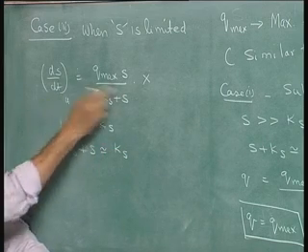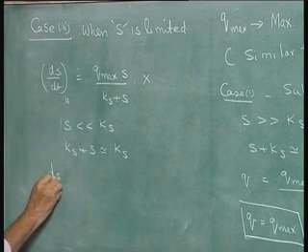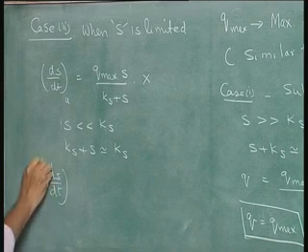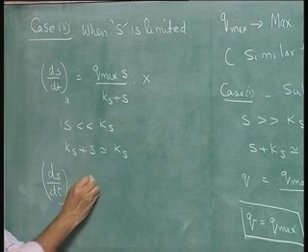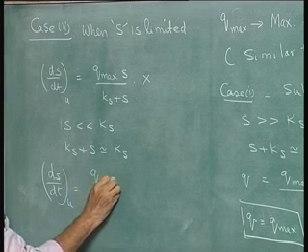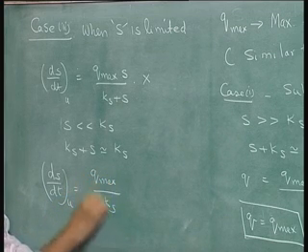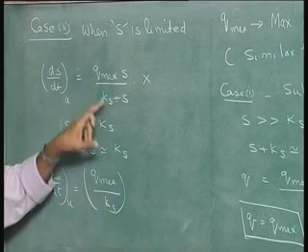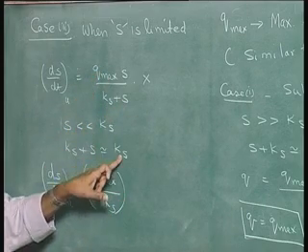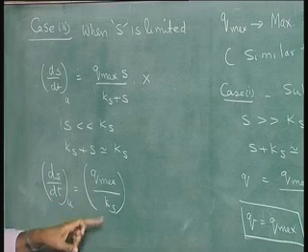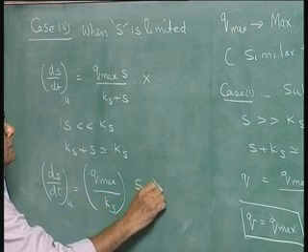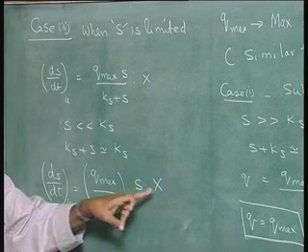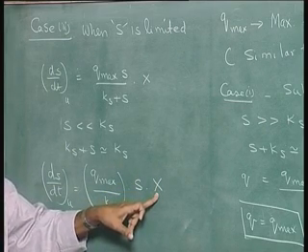So this equation now becomes ds by dt, utilization of substrate, is equal to q max over Ks multiplied by S into x. That is the equation it will become.